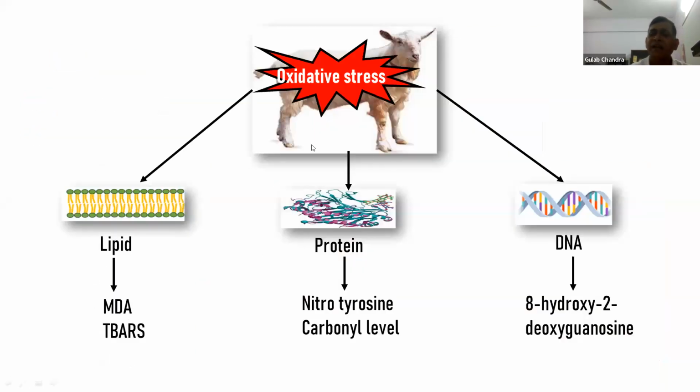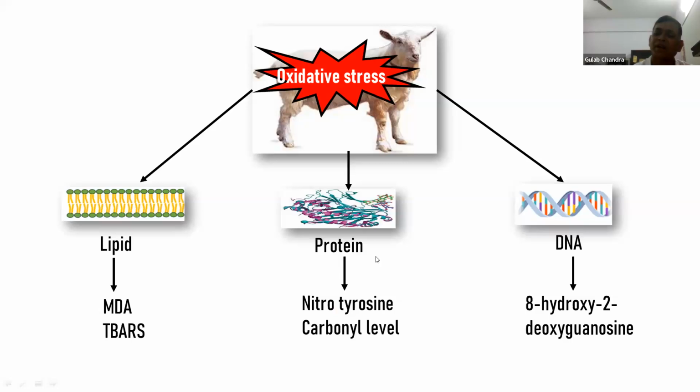This is the oxidative stress that I told about in the earlier slide: lipid, protein, and DNA damage. Malondialdehyde and thiobarbituric acid reactive substances are the biomarkers of the lipids, and protein carbonyl levels increase.